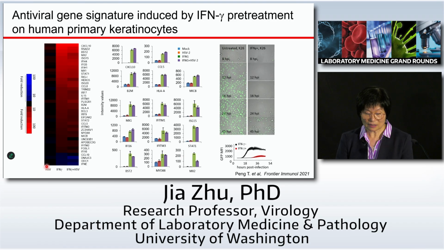Importantly, viral infection itself does not activate those signature genes. We also find that HSV infection was significantly delayed and reduced, with GFP expression reduced, when cells were pre-treated with interferon gamma compared to untreated keratinocytes.